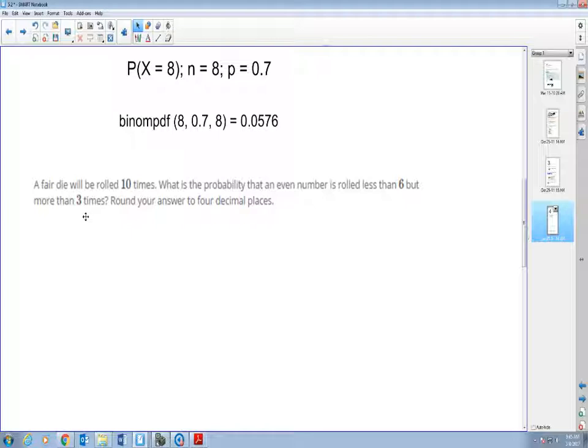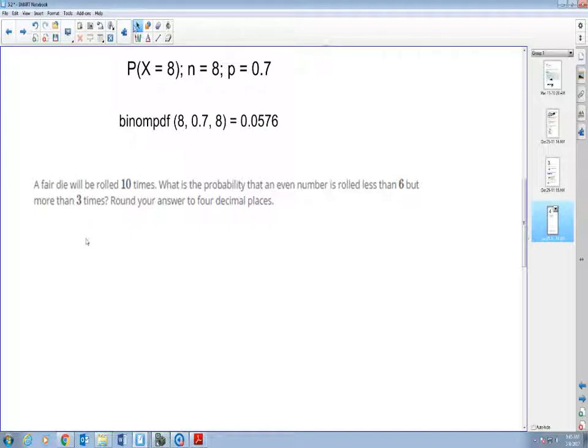Every time you roll a die, you can either get even or odd numbers.